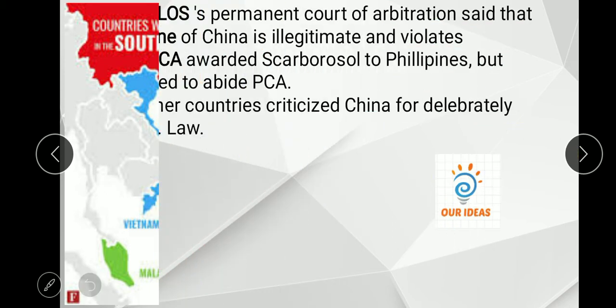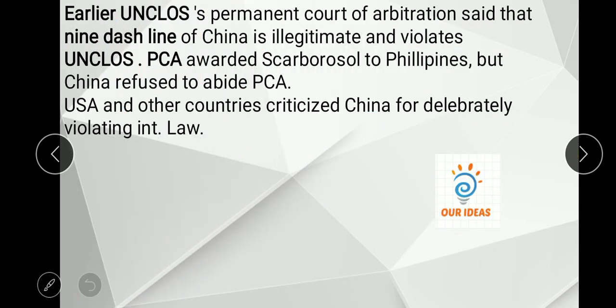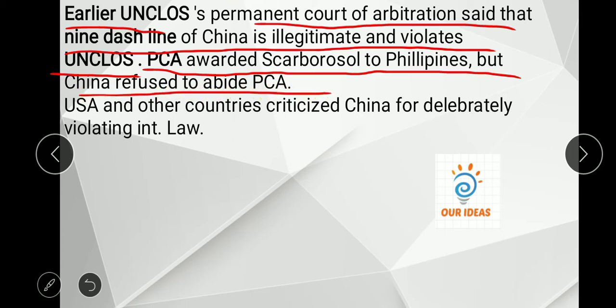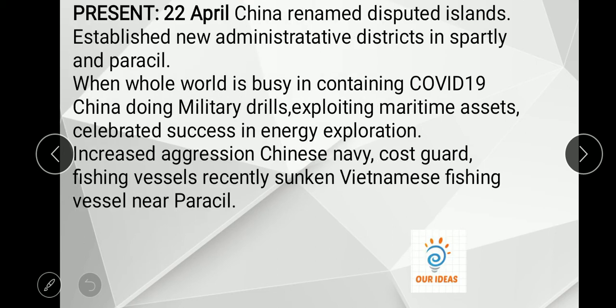The Permanent Court of Arbitration under the UN Convention on the Law of the Sea said that China's 9-dash line is illegitimate and violates the UN convention, and awarded Scarborough Shoal to the Philippines, but China refused to abide by the PCA. The US and other countries criticized China for deliberately violating international law. But China didn't give Scarborough Shoal back to the Philippines.